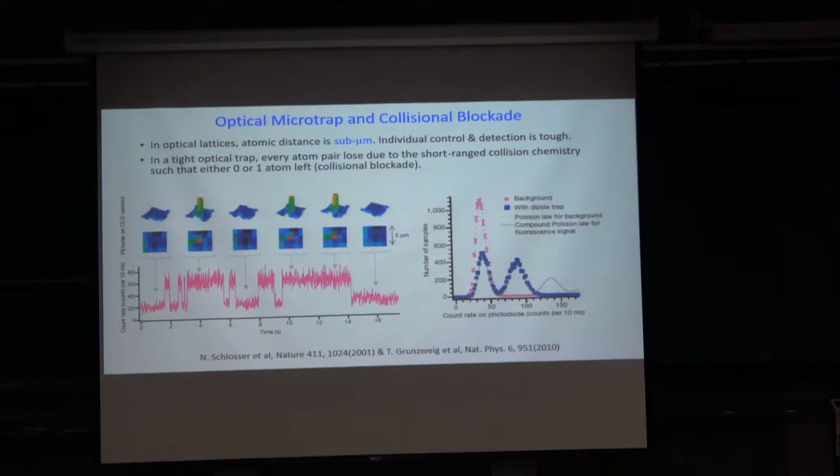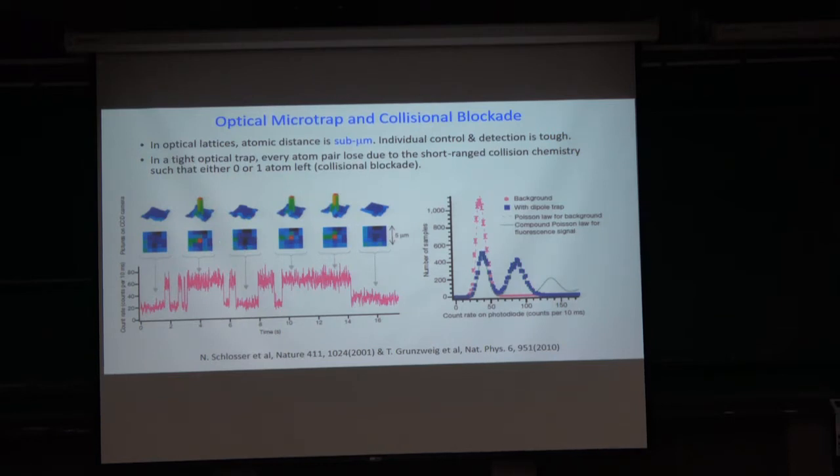Basically, you want to trap atom by atom. And around 2000, in this experiment, people use a very tightly focused dipole trap or optical tweezer, such that people can trap a single atom inside the trap.